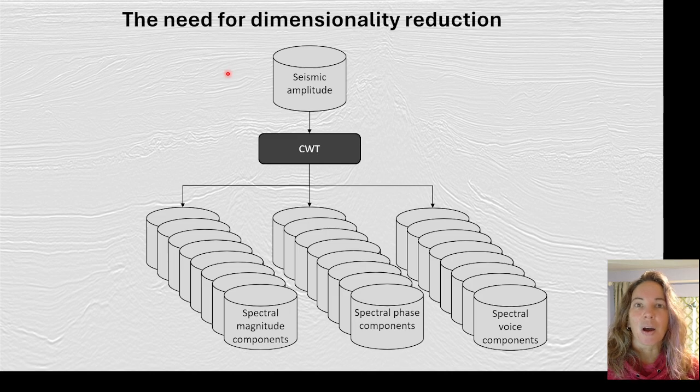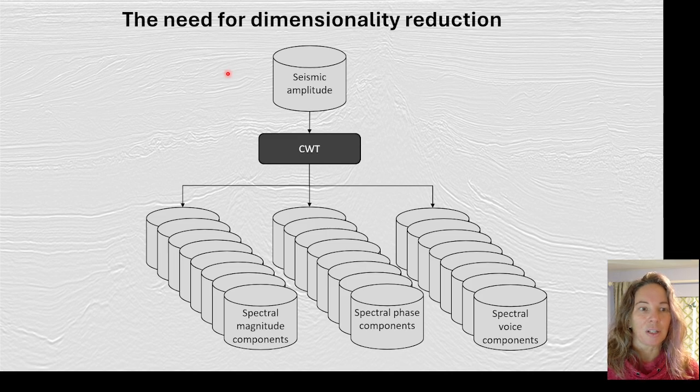Okay, so one of the fundamental problems we have when we do seismic analysis and then multi-attribute seismic analysis is that we end up working essentially in multiple dimensions. It's really easy to see in this case where I'm showing us taking the seismic amplitude data and then doing a continuous wavelet transform on the data.